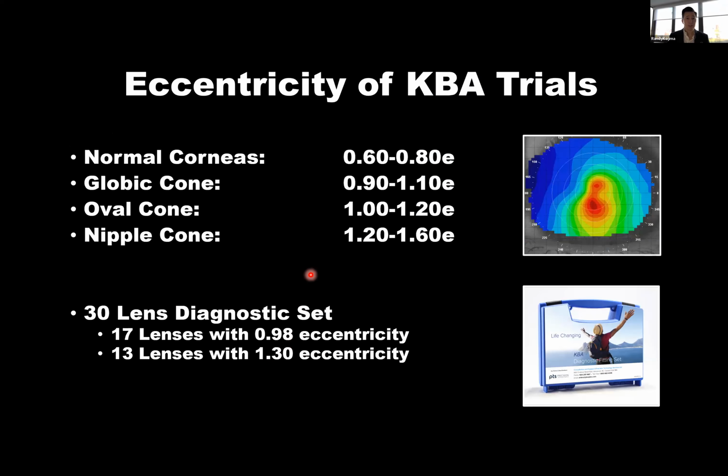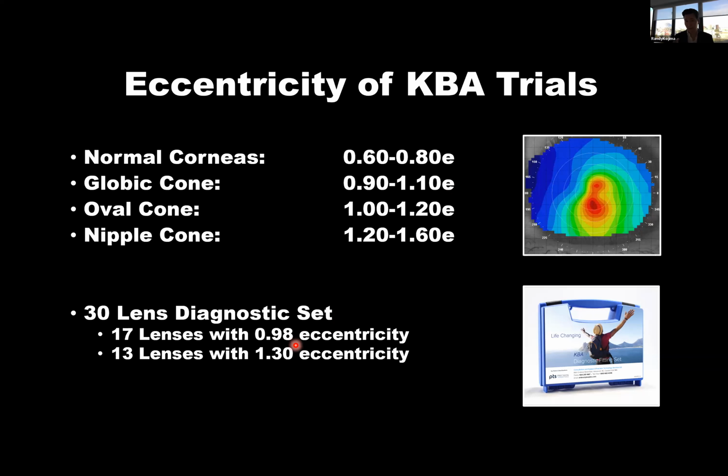So when you're looking at normal corneas, the range of eccentricity is typically in the 0.6 to 0.8 range. But if you're dealing with the keratoconic eye, they're more typically over 0.8. They're in the 0.9 range. So that's why you have 0.9 or basically 1.0 eccentricity lenses.